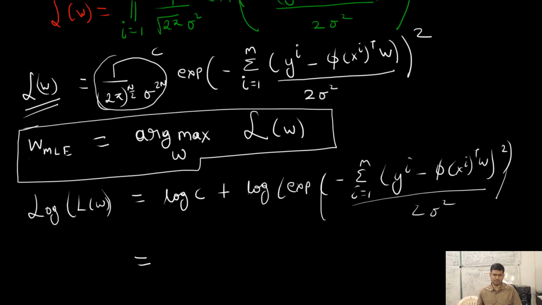We can just simply write L of w, which means the log likelihood function.